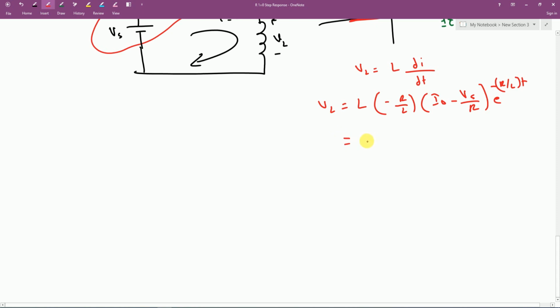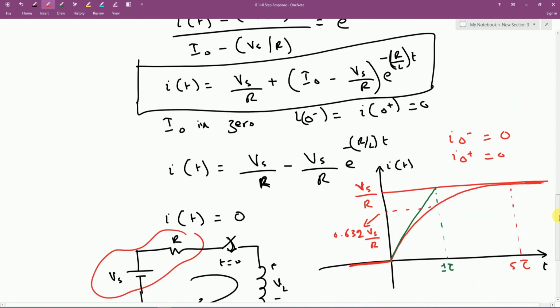That becomes equal to (Vs - I0 R) e^(-R/L t), for t greater than or equal to 0 positive.